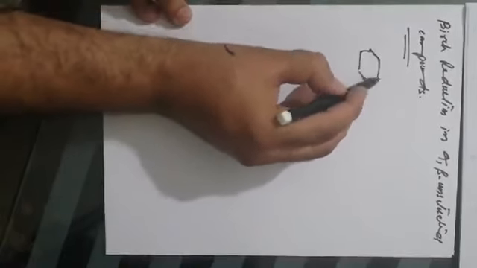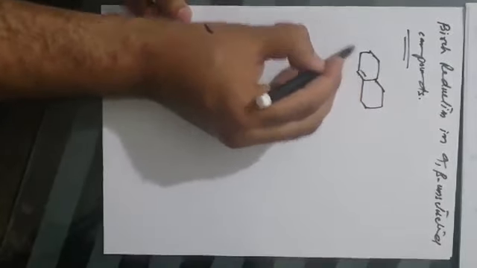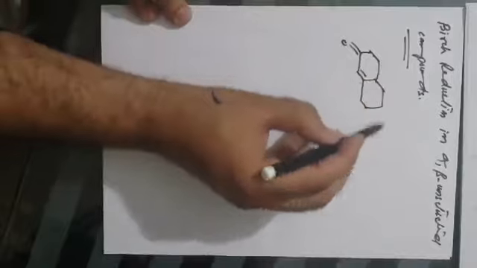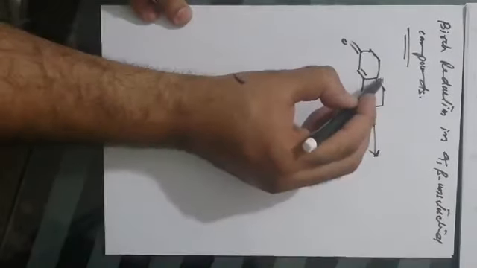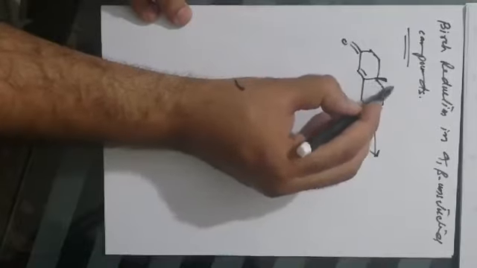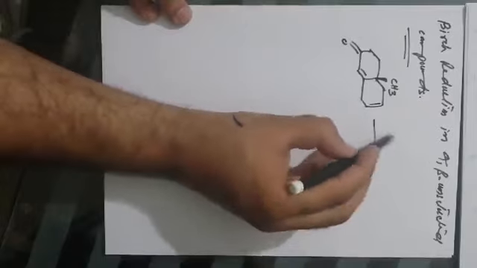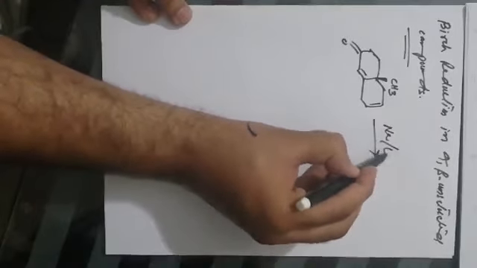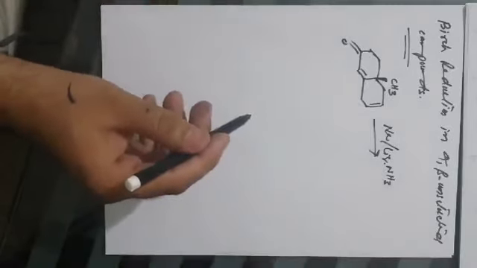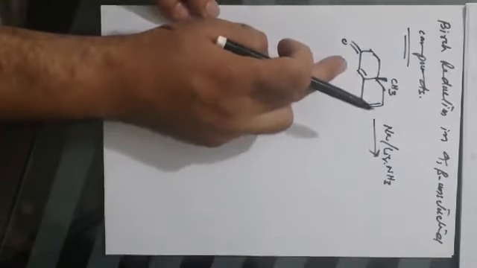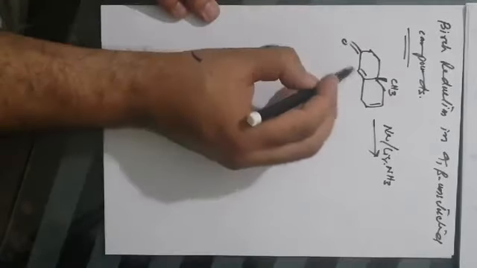Now students, these are little bit difficult problems. Sodium in liquid ammonia. I want your full attention to understand the Birch reduction in alpha beta unsaturated ketone.